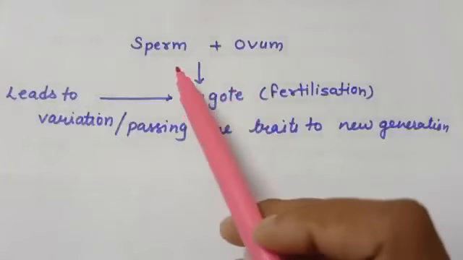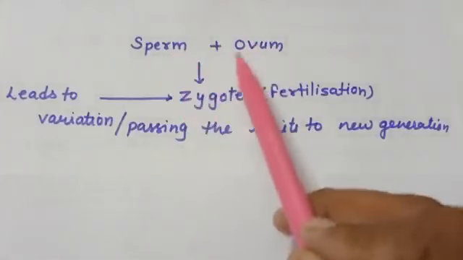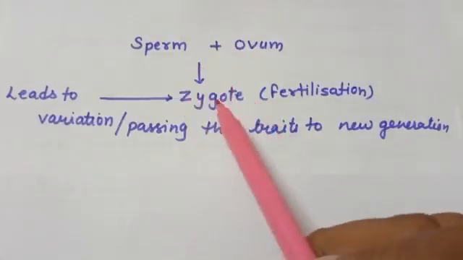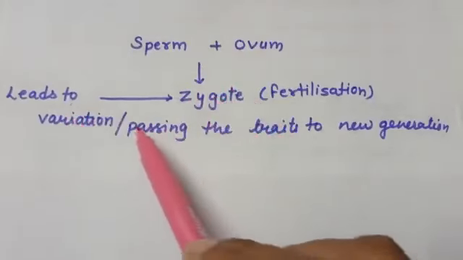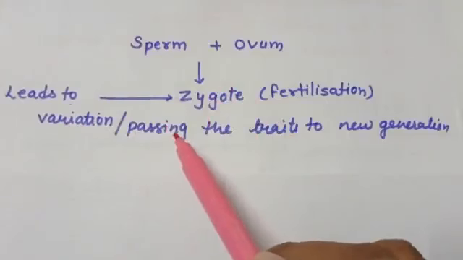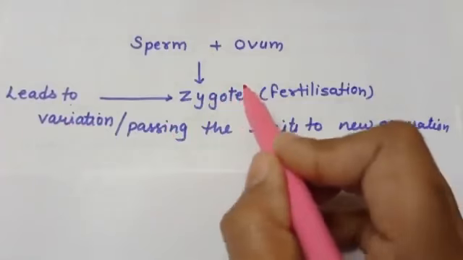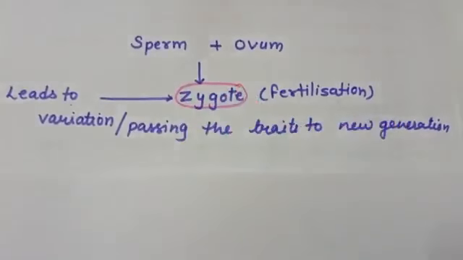And if sexual reproduction happens, where a sperm and ovum fuse together to form a zygote after fertilization, this zygote leads to the variations or the transmission of traits from one generation to another. So basically, it is the zygote which is transmitting the parental characteristics to a child.